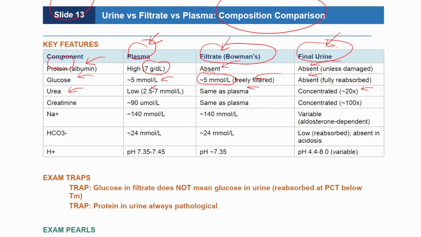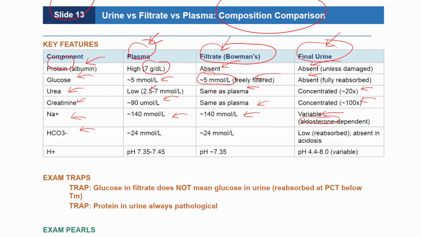in the final urine. Creatinine follows a similar trajectory, starting at a normal plasma baseline of about 90 micromoles per liter, remaining the same in the filtrate but becoming massively concentrated up to 100-fold by the time it reaches the final urine. For sodium, the concentration is strictly regulated at approximately 140 millimoles per liter in both the plasma and the filtrate, but turns highly variable in the final urine under the direct influence of aldosterone.